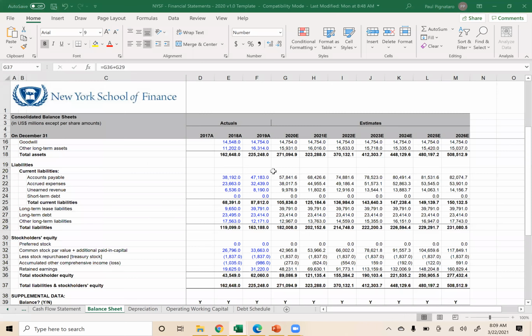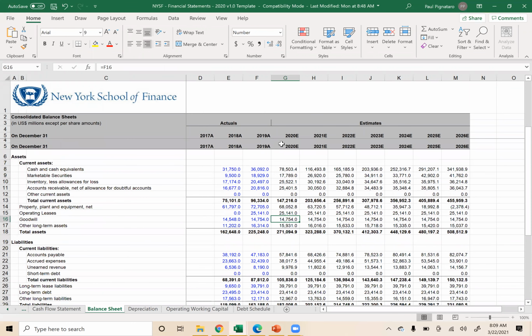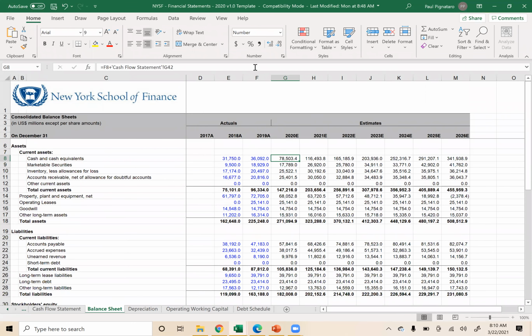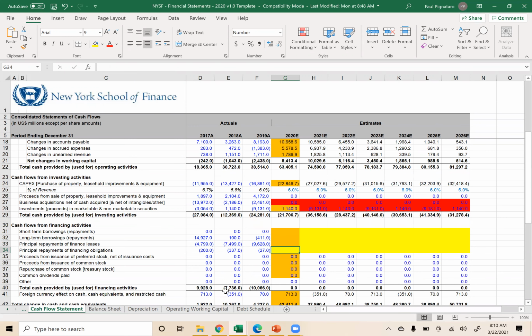If you built the model with a similar structure and formula, I can quickly scan and say, all right, my formula always wants to start with equals column F, equals F8, equals F9, right? Because I'm starting equals the column before, plus or minus the cash flow change. And the cash flow column I'm looking at is column G, 2020.